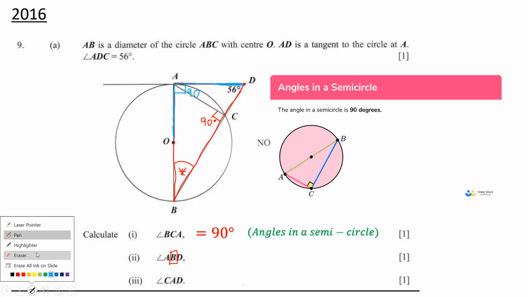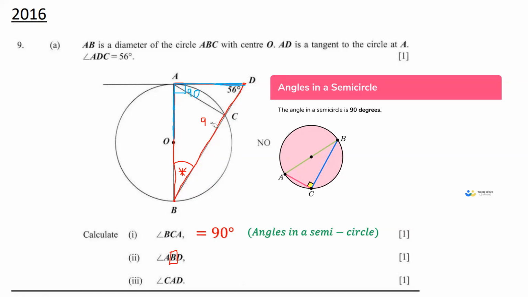Let me erase the one in the bottom. So we have 90 degrees, 56, and we don't know what this one is. In order to figure out what this one is, we have to add 90 and 56 together, and then subtract it from 180 to get our answer.